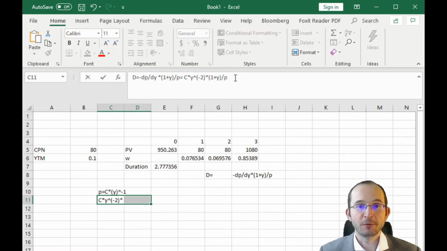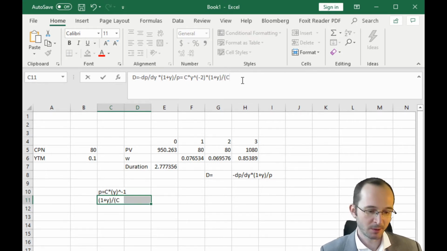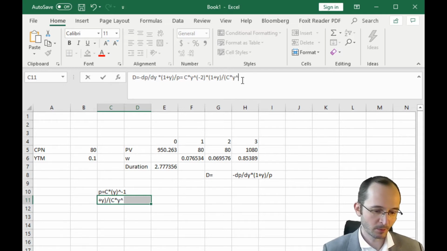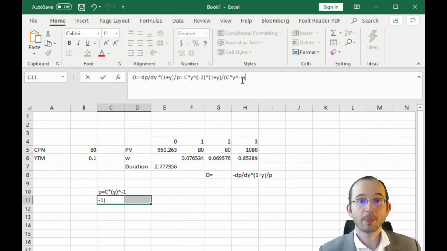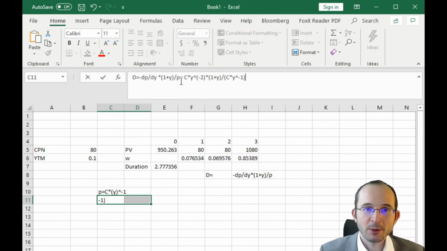Now, what is our formula for P? Well, we have that just up above in row number 10. Remember, that's c times y to the negative 1. So we've got c times y to the negative 2 times (1 plus y) over c times y to the negative 1.